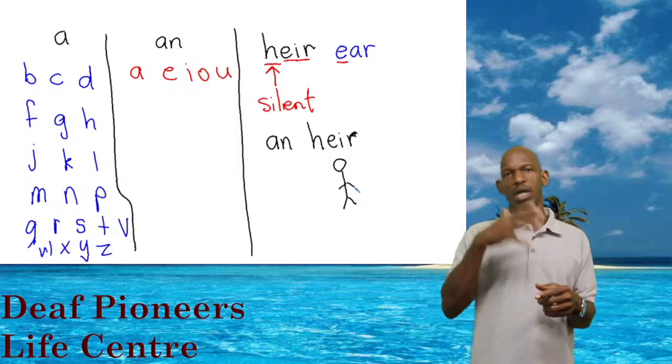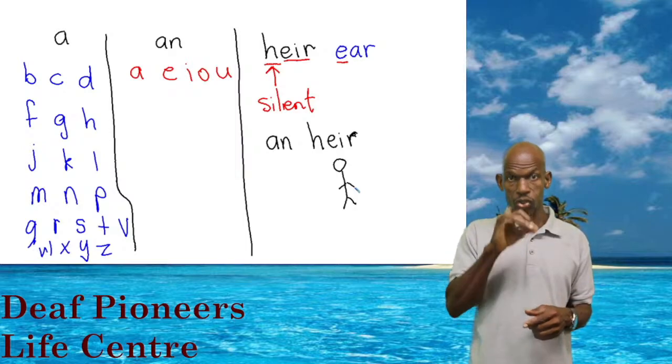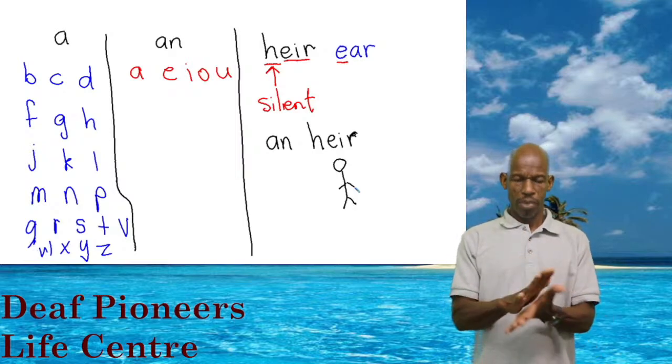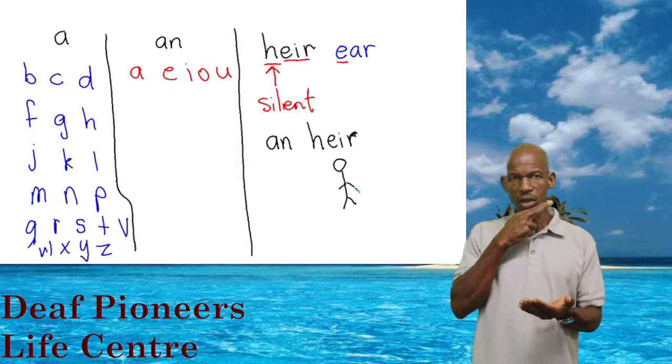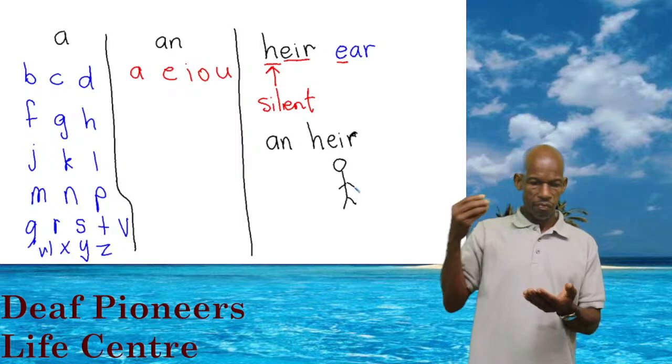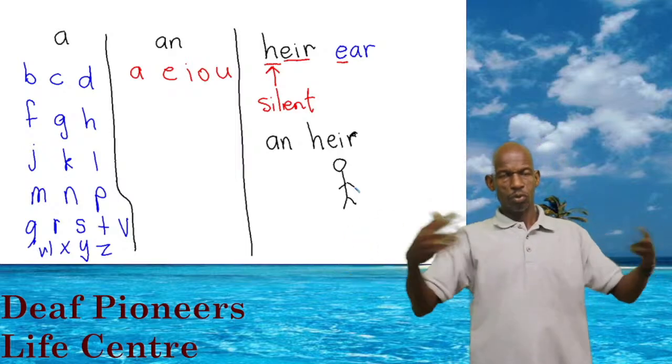So the word heir is a noun, it's the name of a person, it has a meaning. But as you pronounce it, you don't hear that H sound. Because I will say a hat.